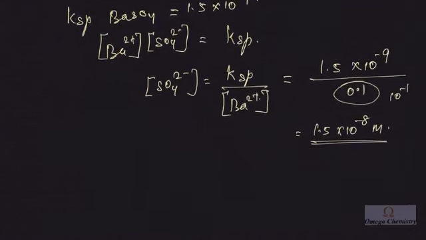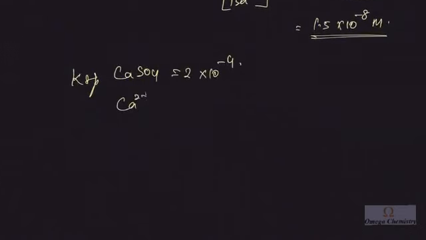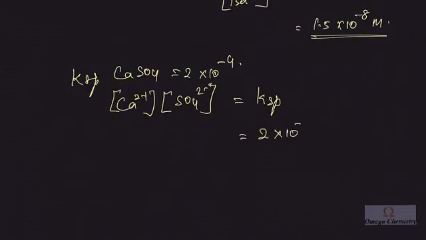Now let me do it for calcium. I know that Ksp for calcium sulfate is 2 × 10^-4. Same thing, calcium ion concentration times sulfate ion concentration is equal to Ksp, which is 2 × 10^-4.